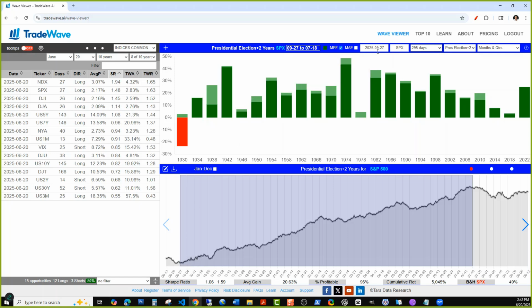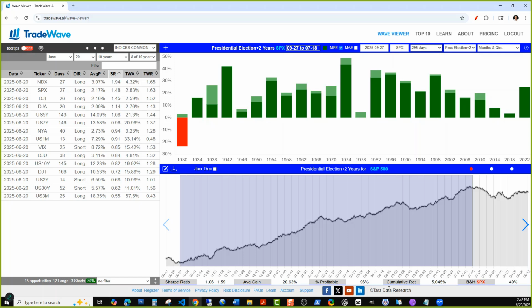Starting on September 27th, you start going for 295 days until July 18th of the following year. This period of 295 days is fascinating because look down here.